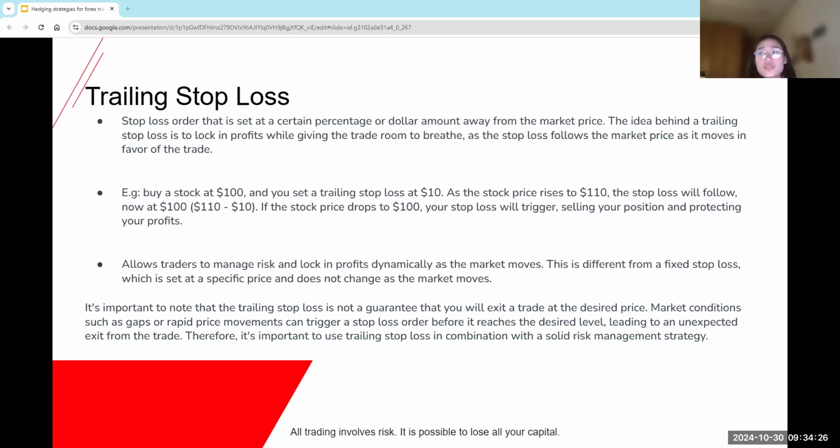So if the stock price drops to 100, your stop loss will trigger, selling your position and protecting your profits. This allows traders to manage risk and lock in profits dynamically as the market moves. And this is different from a fixed stop loss, which we talked about before, which is set at a specific price and doesn't change as the market moves.